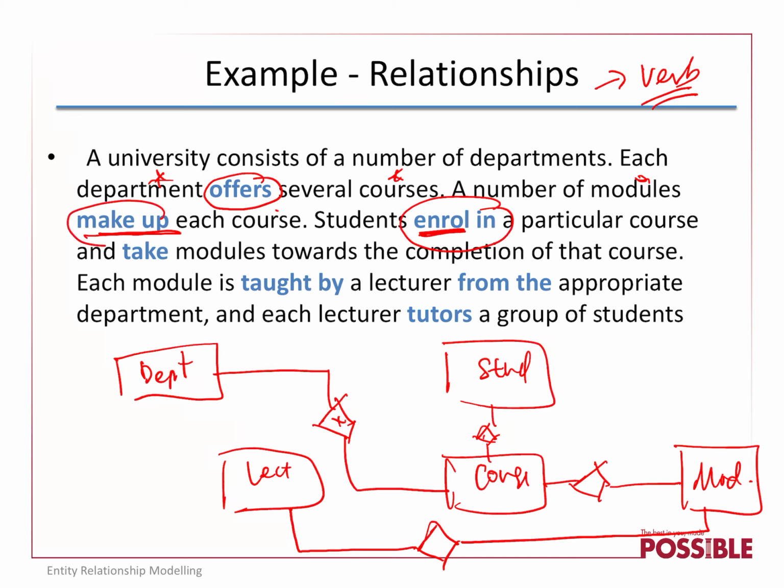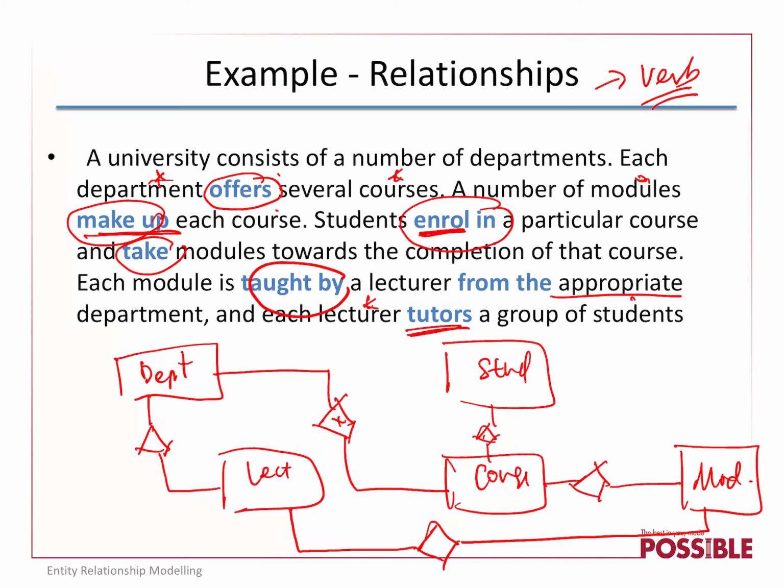Taught by a lecturer. And the lecturer comes from the appropriate department, so there's a relationship between lecturer and department. And each lecturer tutors a group of students, so between lecturer and student.